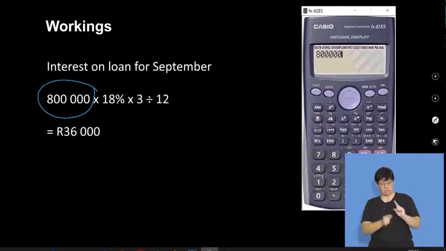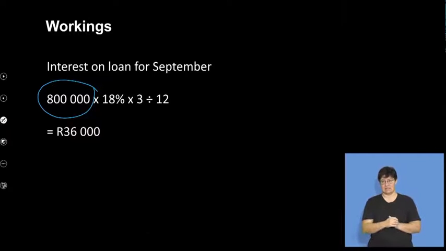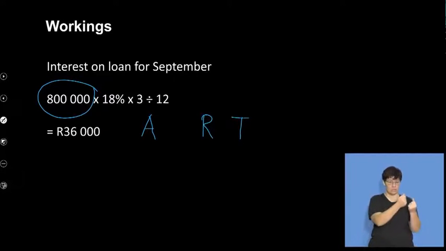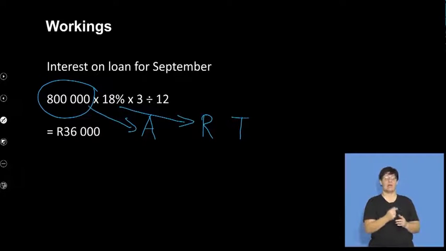Okay, now, the rate of the interest was 18%. So obviously, you're going to multiply this by your rate. Take into consideration what we've always said, art: amount, rate, and time. So the amount is 800,000. As you can see, my rate is 18%, and my time, in this case here, will be the 3/12.